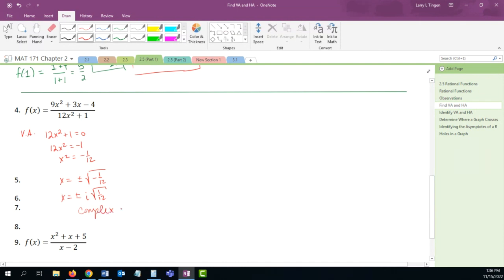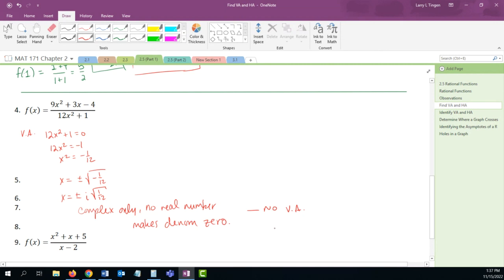Okay. So that means no real number makes the denominator 0. The only thing I can plug in for x that would make the denominator 0 is imaginary. So when that happens, there are no vertical asymptotes.